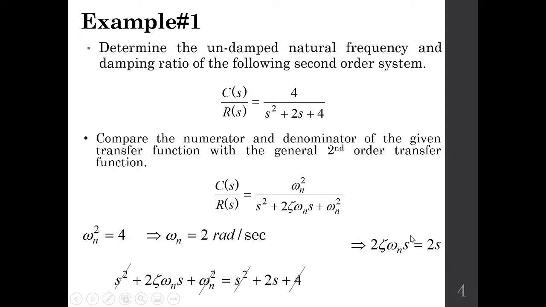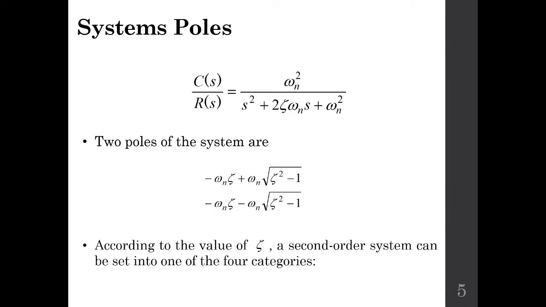If we cancel out s from both sides, we'll be left with zeta omega_n equals 1. Now we have already found the value of omega_n, which is 2. If we put this value of omega_n here, we can find zeta equals 0.5.